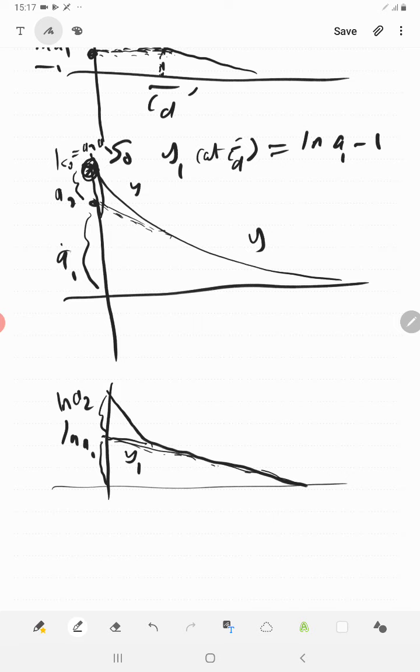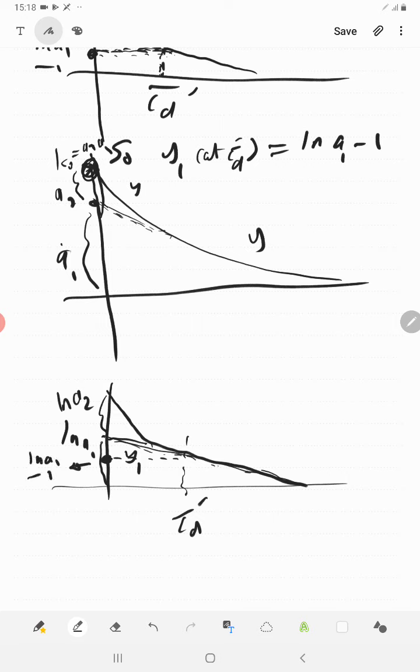So this is y1. To calculate tau d transient, we need here what? ln a1 minus 1.